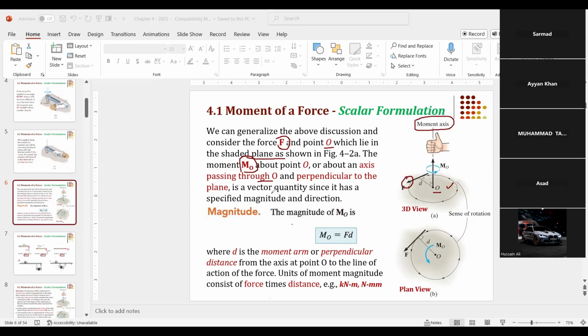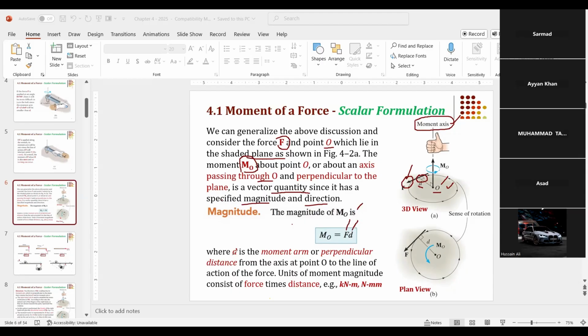So moment is a vector quantity since it has specified magnitude and direction. The force F, which is producing moment about point O, or the axis passing through point O, is a vector quantity. And you see that this distance d is the perpendicular distance with respect to O. If you want to find its magnitude, simply multiply the force with the distance d.